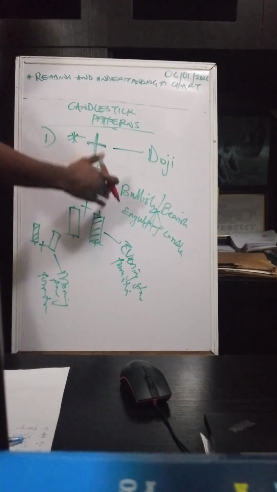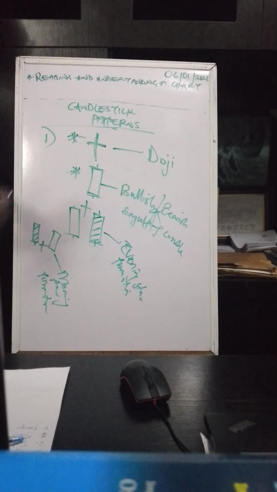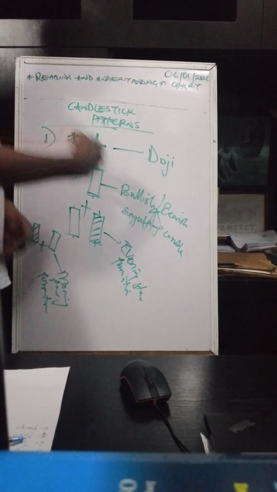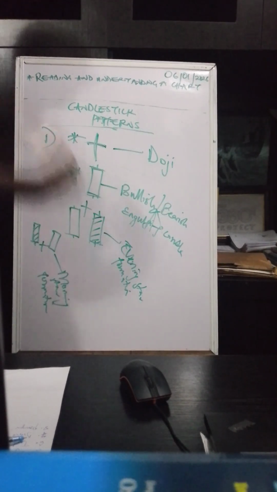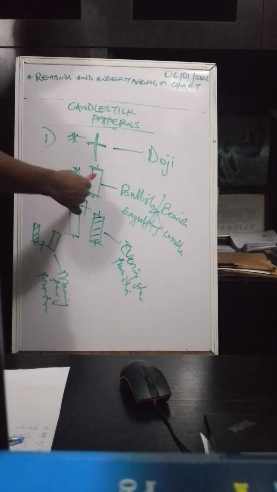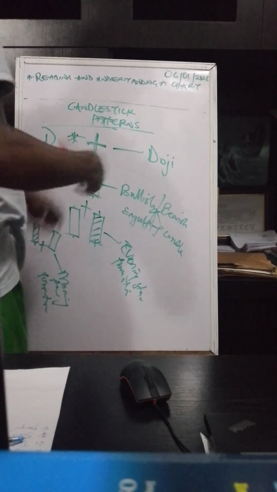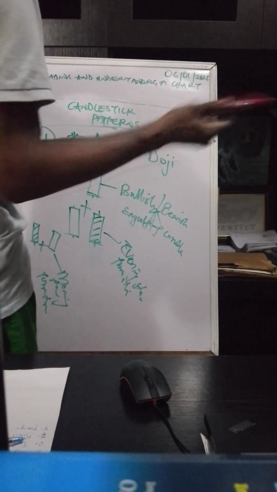So now let me talk about a bullish candle. A bullish candle just shows that these people are in control of the price. So if you see a bullish candle, you will know that the buyers are in control. You see a bearish candle, you know that sellers are in control. Very, very simple.